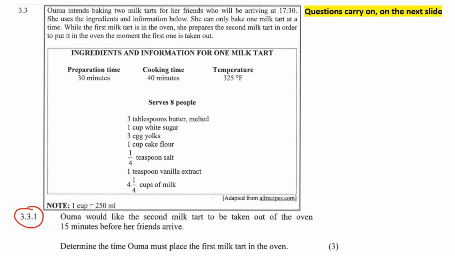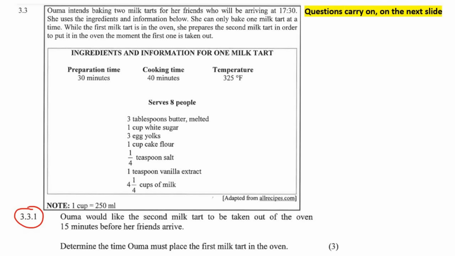While the first milk tart is in the oven, she prepares the second milk tart, in order to put it in the oven at the moment that the first one is taken out. Clever. She's using her time wisely. So she's efficient, unlike some grandmothers who would be chilling on TikTok while the first one's baking. She realizes, while the first one is in the oven, I can prepare the second one, so as soon as the first one comes out I can put the other one in.